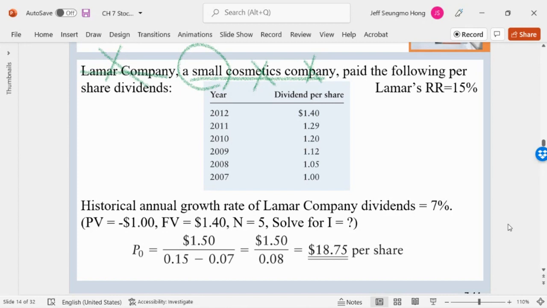So as far as the geographic market is concerned, mature companies have no more room for growth. That's why they are mature companies. Maybe demographics-wise, there may be more room for growth in psychographic market segmentation.